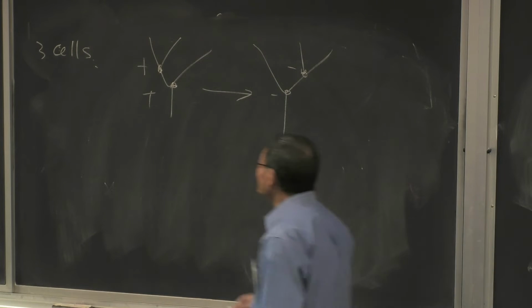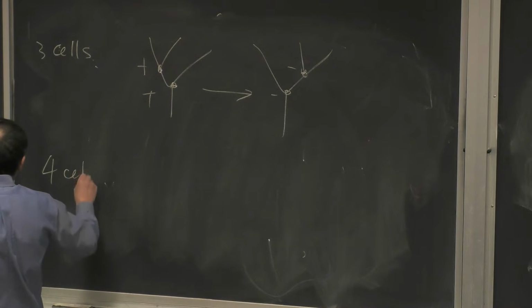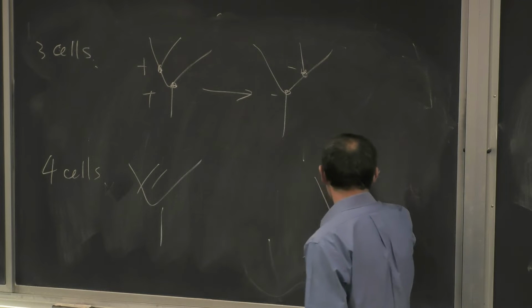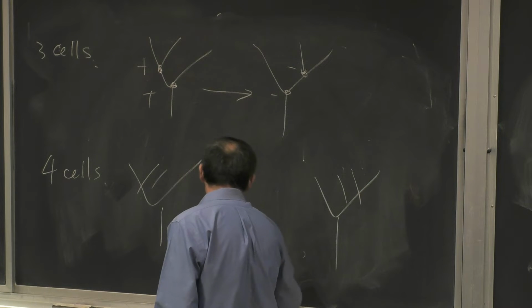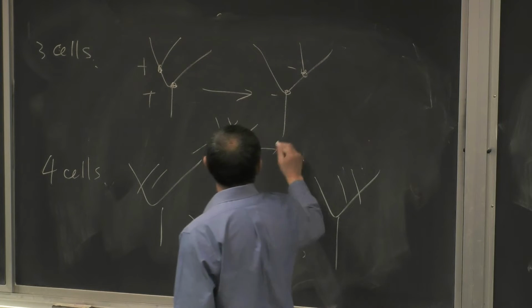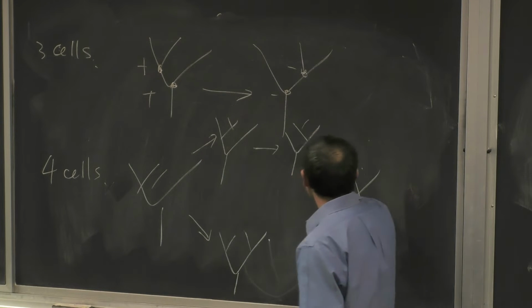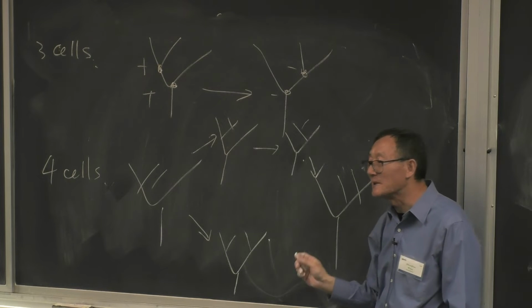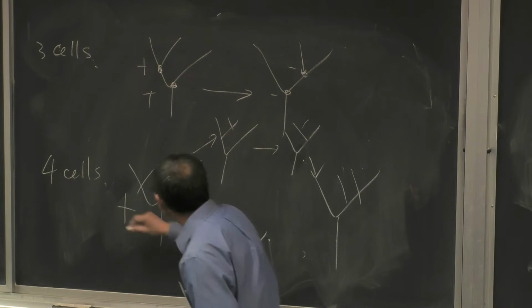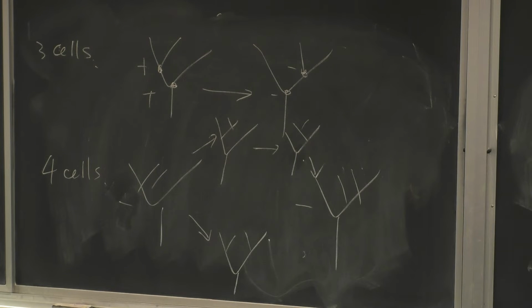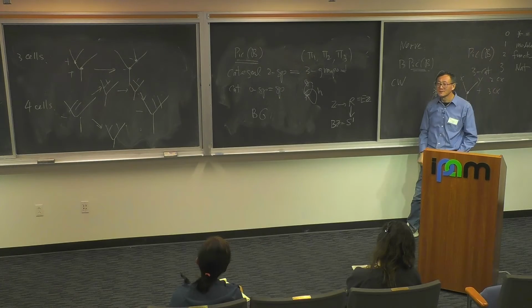And for the 4-cell, that's the famous pentagon. You attach a 4-cell using the pentagon. And this is minus, minus. And then everything else above is trivial. So that gives you this classifying space.